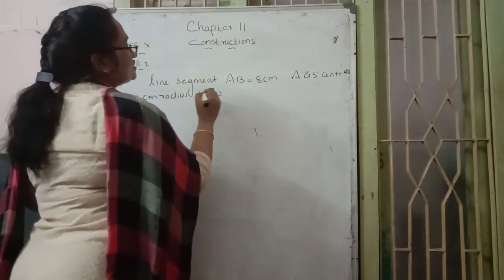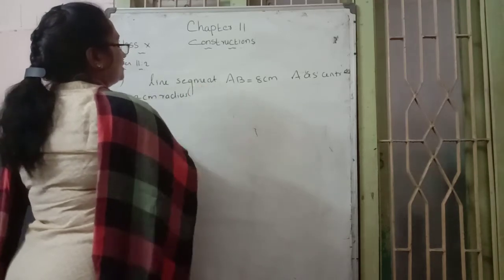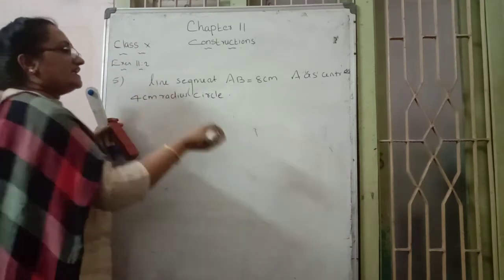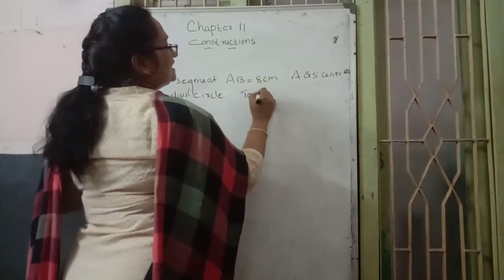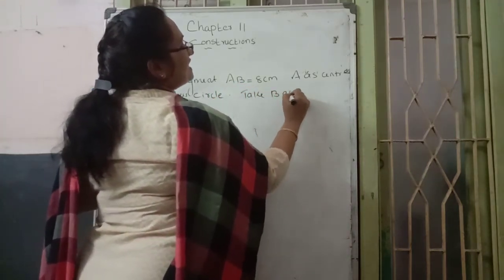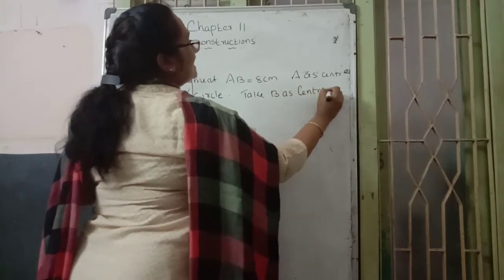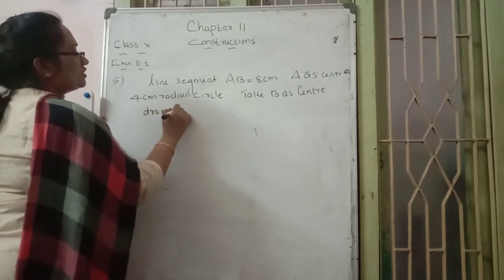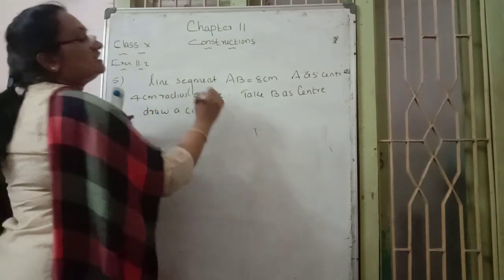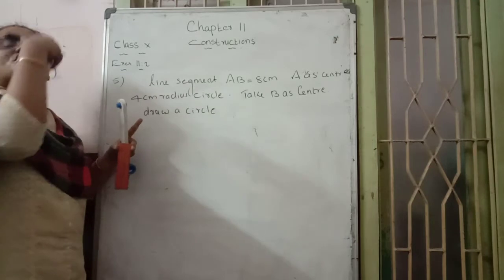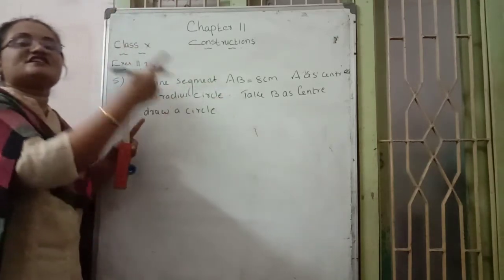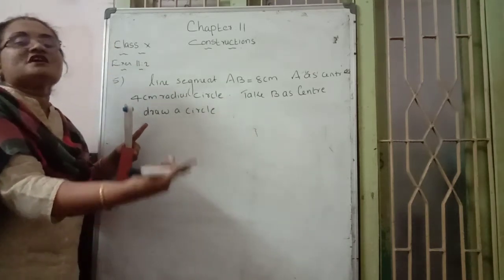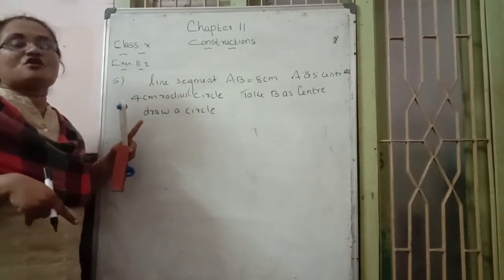Then afterwards take B as center and draw another circle. Then from point A we want to construct a tangent, and from point B also we want to construct a tangent. That is the meaning of that question.